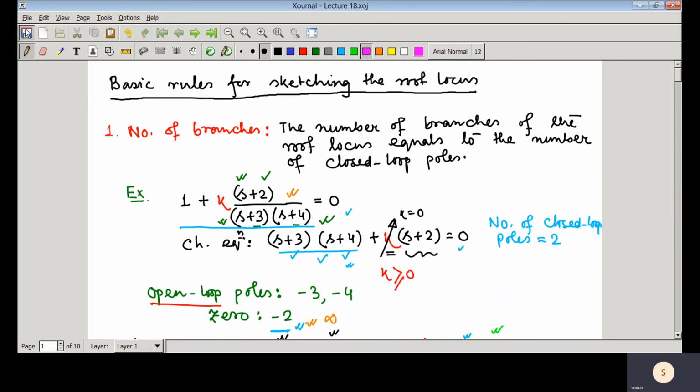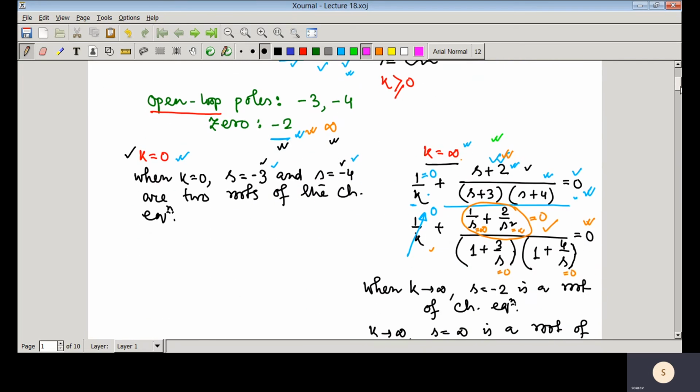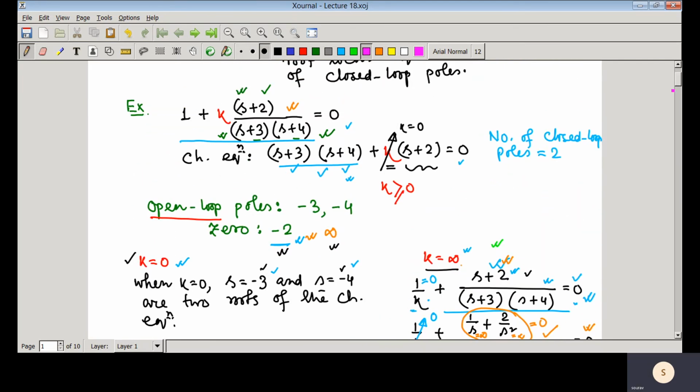First of all, the number of branches. The number of branches is equal to the number of closed loop poles. And the second one is how the root locus varies.